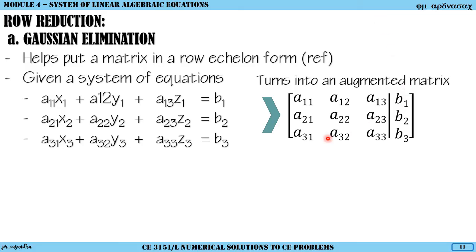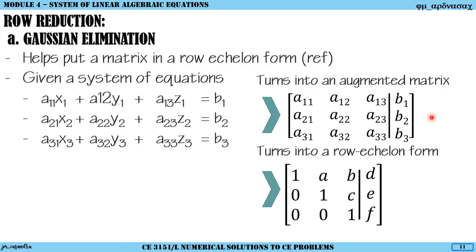And once we have converted our equations from the system into an augmented matrix, we now follow it by turning it into a row echelon form, following this format, wherein the main diagonals now are equivalent to 1 and the lower elements are all equal to 0.